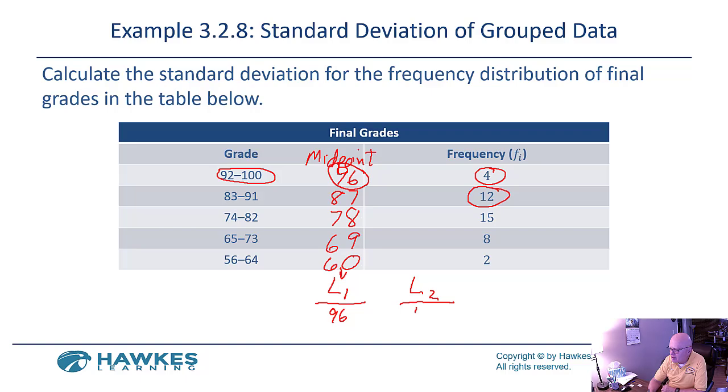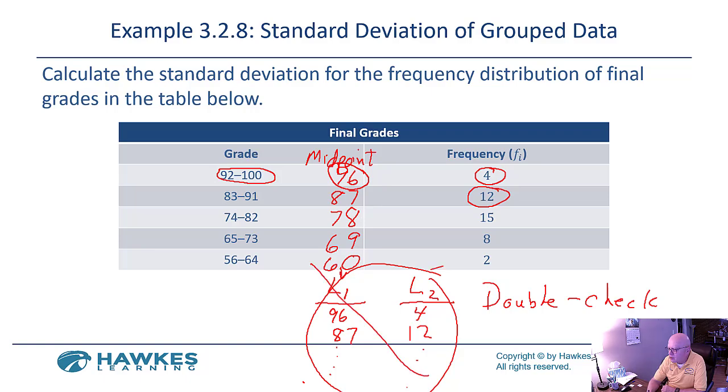So 96 has 4 items, 87 has 12, and so on. Once you've got those numbers in, double check, because if any of those numbers is wrong, the whole thing is shot. So double check, please.